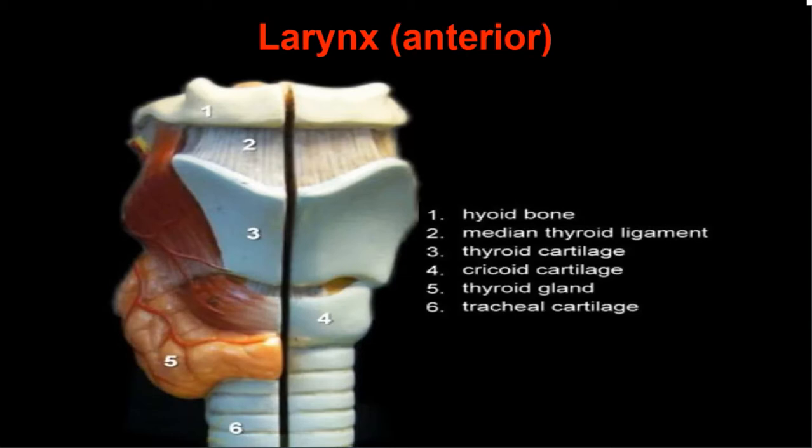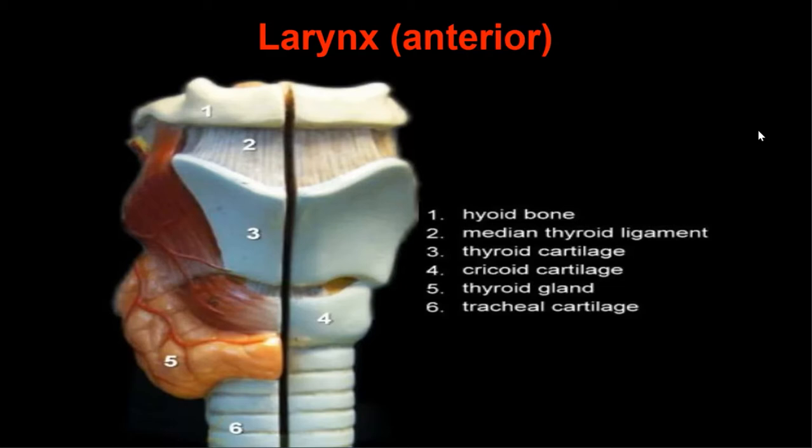If you see from posterior to anterior, posteriorly there is the vertebral column, then the pharynx, then the larynx. Below the larynx, there is the esophagus. The larynx is made up mainly of cartilages, with connecting membranes and ligaments between them, and intrinsic and extrinsic muscles of the larynx and joints.